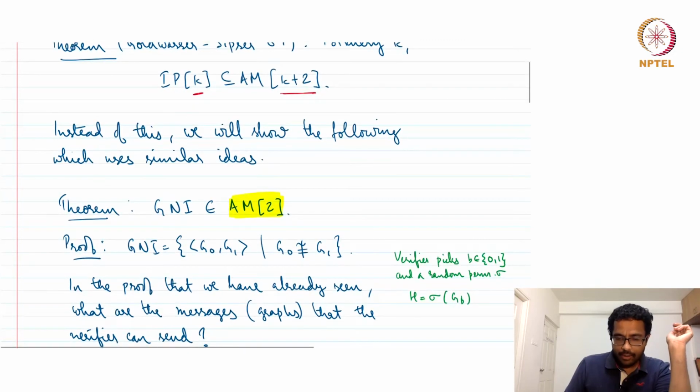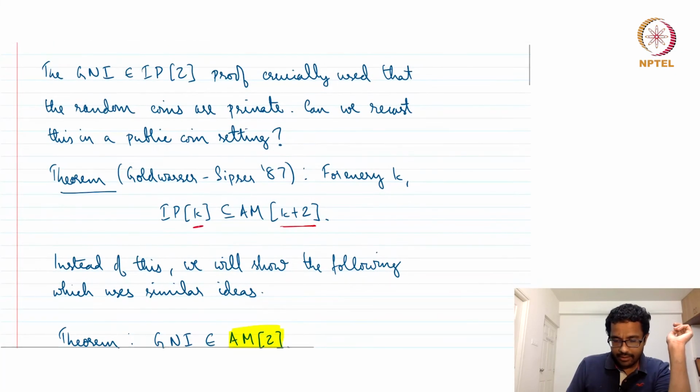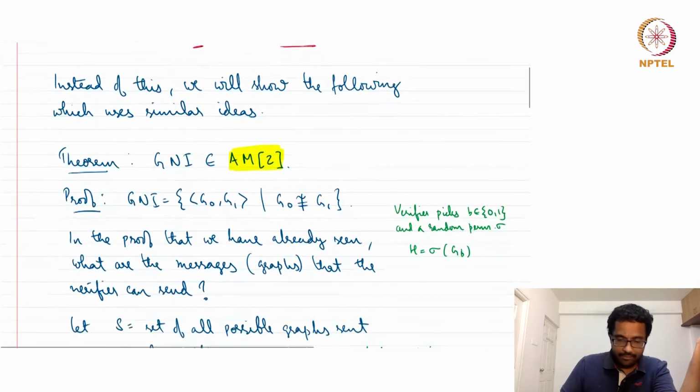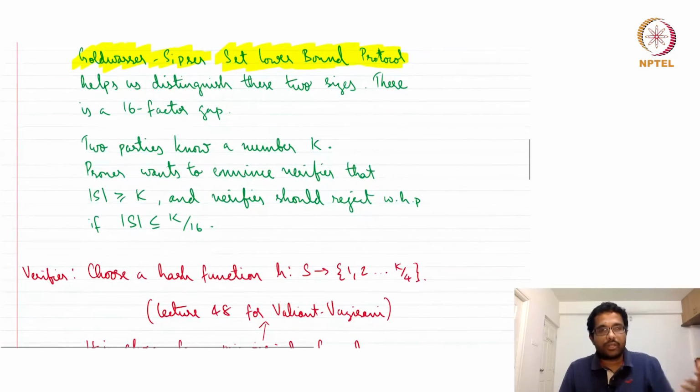But when k is constant, k plus 2 is also a constant. We have already seen that AM k plus 2 is equal to AM when k is a constant. Another point is that when k is polynomial, IP and AM are the same, because you just have 2 more rounds, which is still polynomial.